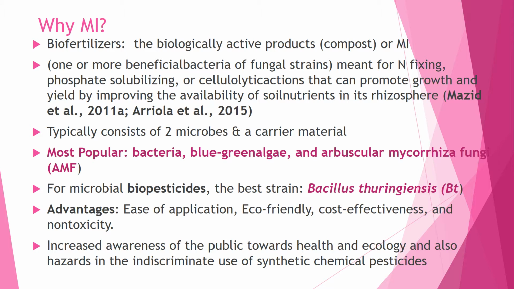So the advantage is that all these MI have the advantage of ease of application, eco-friendly, cost-effective, and non-toxicity to human beings, although it will be toxic to certain pests such as the worm or caterpillar. So there is increased awareness of the public towards health and ecologically friendly selections of biopesticide, so that we can reduce the use of synthetic chemical pesticides.